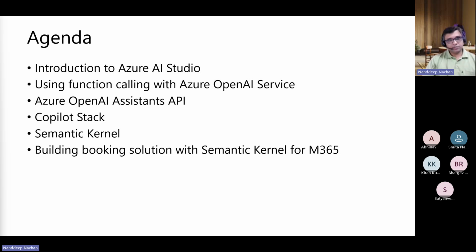We will see what is meant by Semantic Kernel and how it helps. Lastly, we will end our session by showing some cool demos of how we can build the Booking solution. Booking is one of the apps available inside Microsoft 365, so we will see how we can build the Booking solution with Semantic Kernel for Microsoft 365. All right, so this is the agenda that we have.